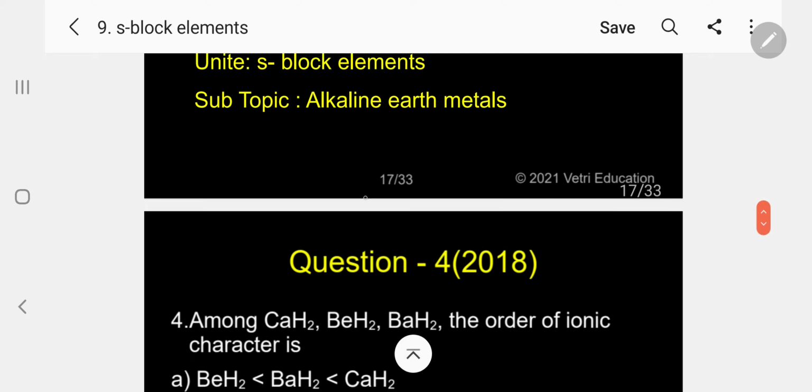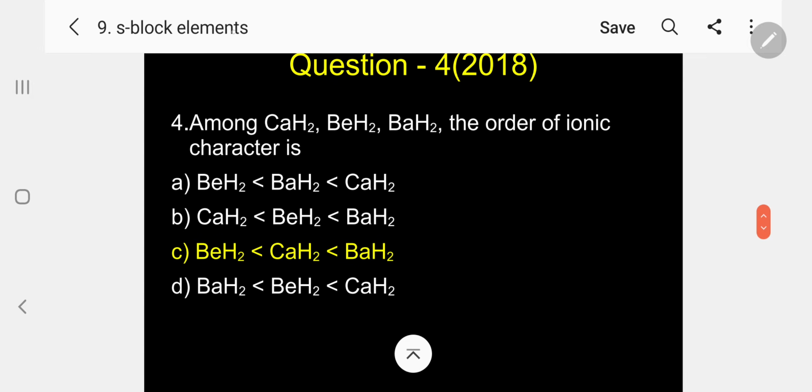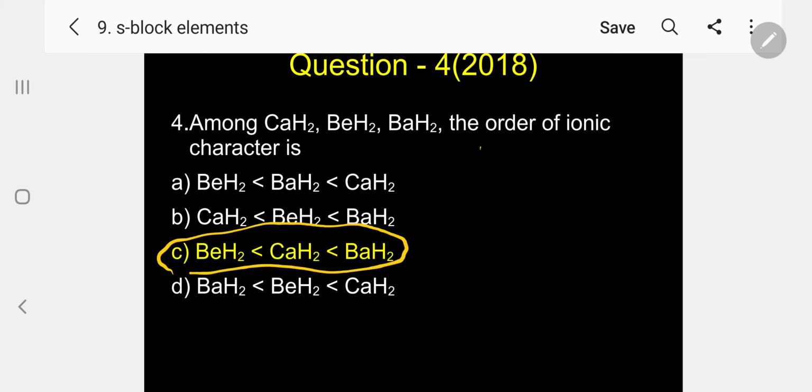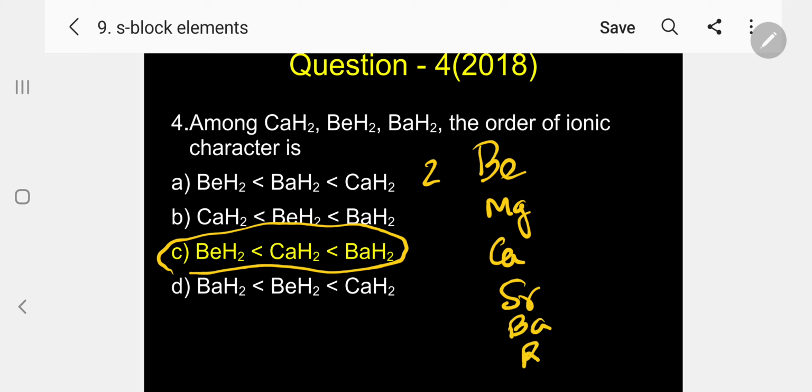Now the explanation. The correct answer: barium hydride is more ionic than calcium hydride, which is more ionic than beryllium hydride. Take the order of the second group: beryllium, magnesium, calcium, strontium, barium, radium.